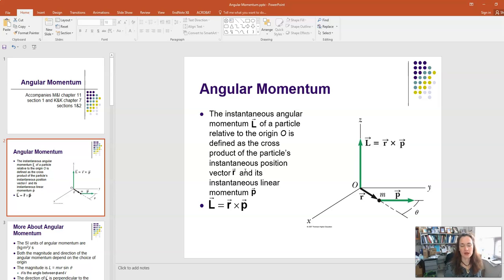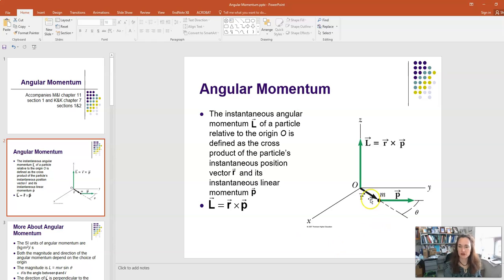So here though, to get us started, the angular momentum, which is often symbolized with the capital L, and it's a vector, is equal to the cross product of the position vector with the momentum vector. Now the angular momentum can change in time, and so we're talking about the instantaneous angular momentum with the instantaneous position and the instantaneous momentum vectors.